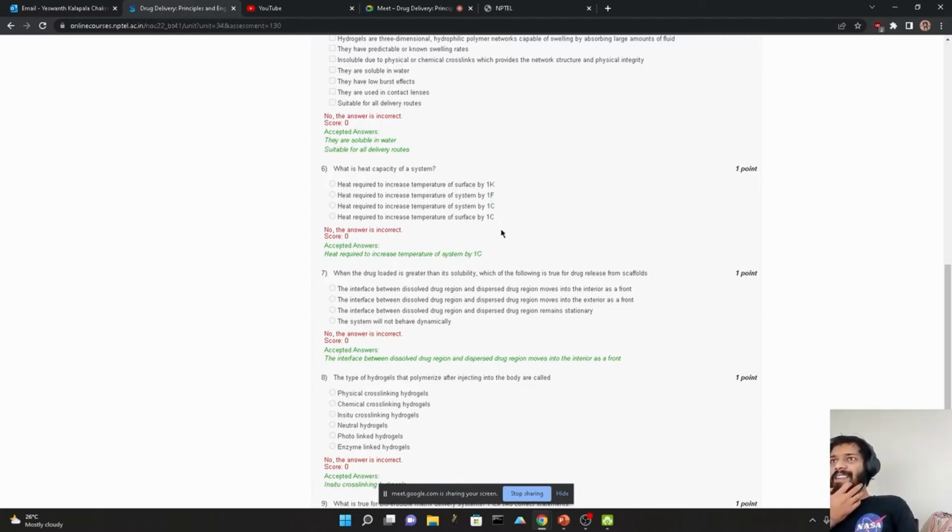I was confused because the degree sign was not there, so I chose 1 Kelvin, the other option. Now it is coming as wrong, but in one book I thought it was also 1 Kelvin unit change. Okay. So I don't think it's 1 Kelvin unit change because 1 Kelvin unit change is quite large. So one degree centigrade, but okay, we'll see.